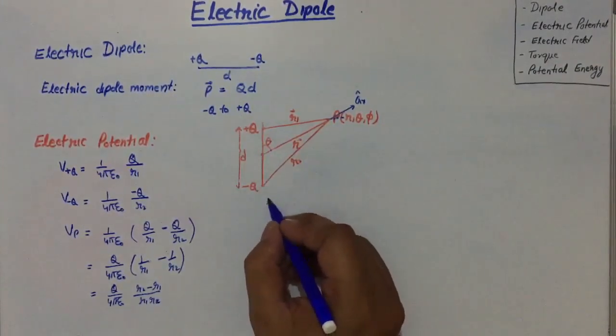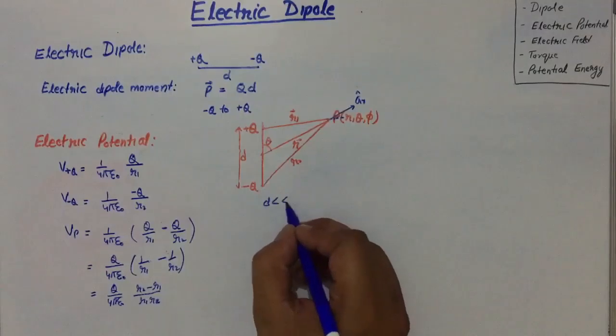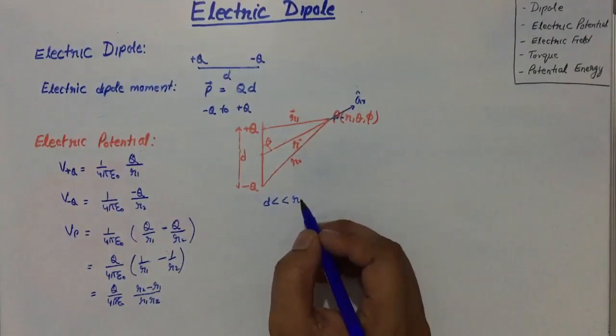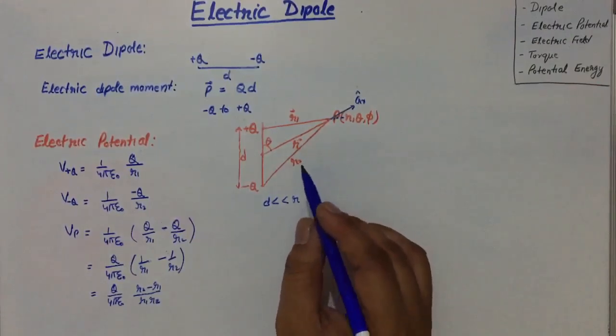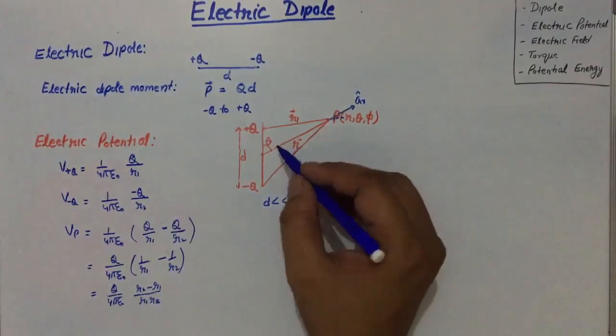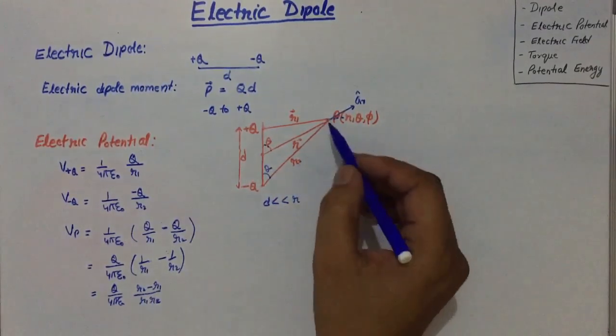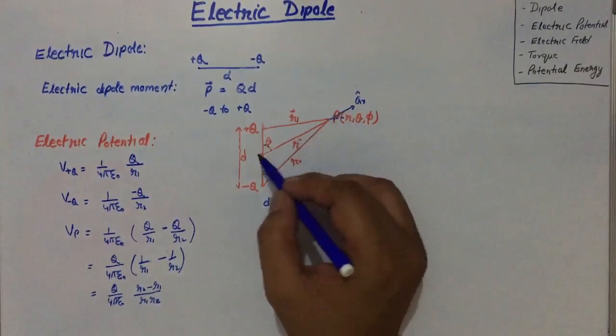If we consider that d is very small compared to the position vector, then this angle and this angle can be considered the same, since the point is very far from here.